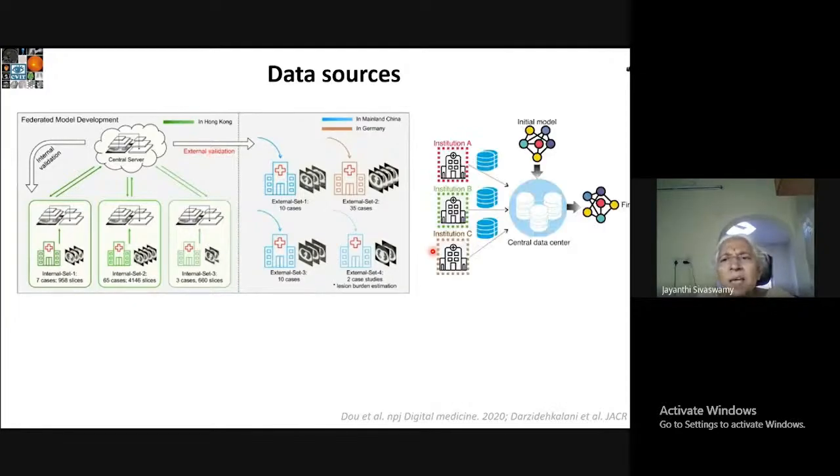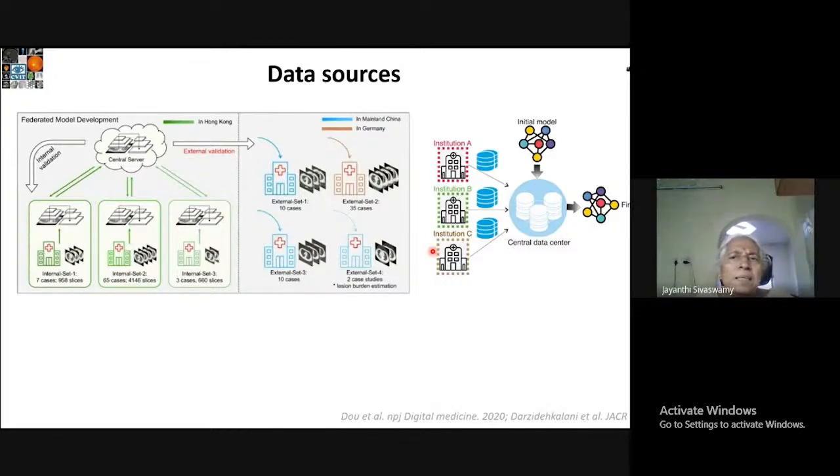Another type is where there is a central data server and there are 3 institutions. Each of them contributes some data to the data center, and there is an initial model which is sent to the data center, and it is trained, and out comes the final model.